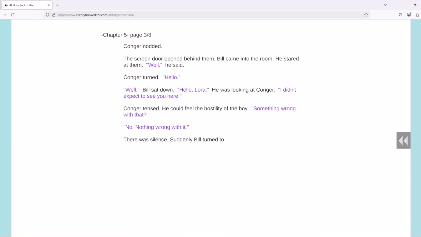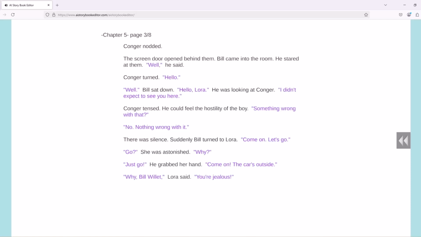Suddenly, Bill turned to Laura. "Come on, let's go." "Go?" She was astonished. "Why?" "Just go." He grabbed her hand. "Come on, the car's outside." "Why, Bill Willett?" Laura said. "You're jealous." "Who is this guy?" Bill said. "Do you know anything about him? Look at him, his beard." She flared. "So what? Just because he doesn't drive a Packard and go to Cooper High?"